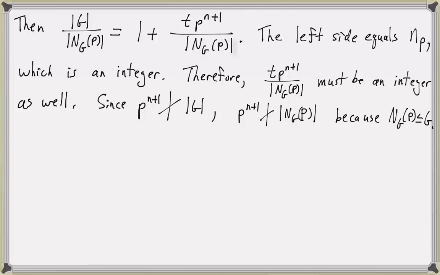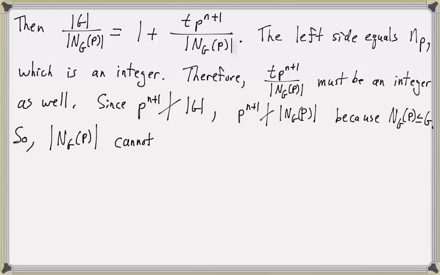So the point is that the order of the normalizer cannot contain a factor of p to the n plus 1. And so we can conclude that the order of the normalizer cannot cancel out every factor of p in the numerator of this fraction.